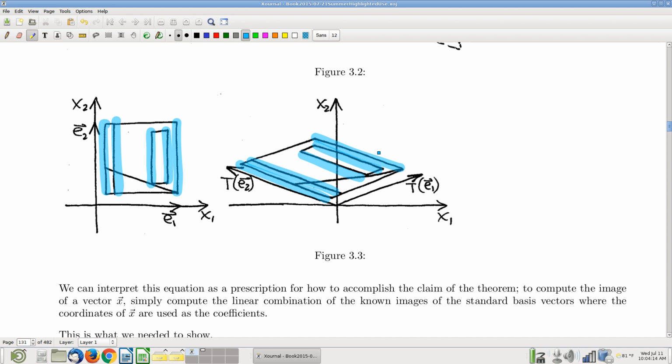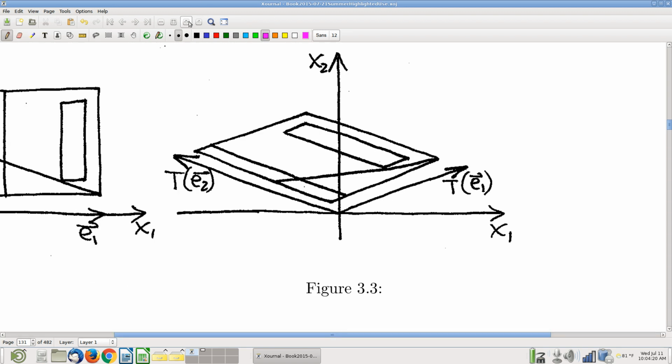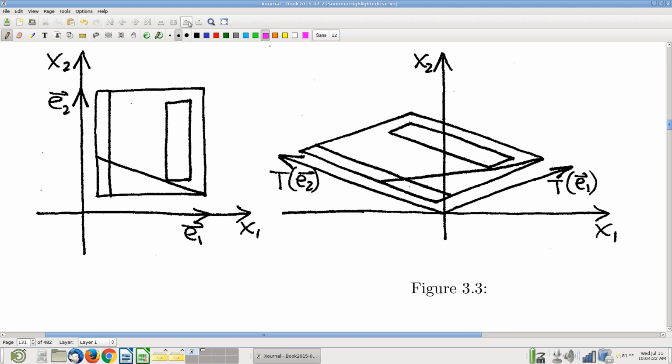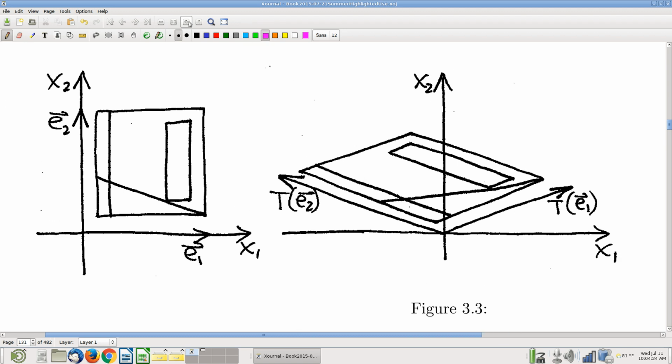Here's another way I like to represent this. Suppose, and I'm going to zoom in for easier drawing purposes, I have some figure here. I'm going to draw a little happy face. Right now, if you look at how the image on the left has been deformed, it's not just a rotation.